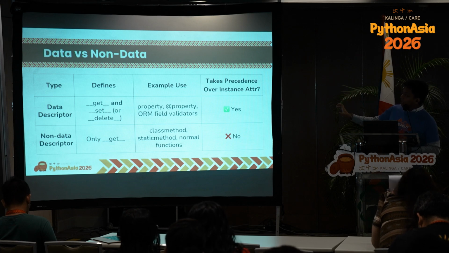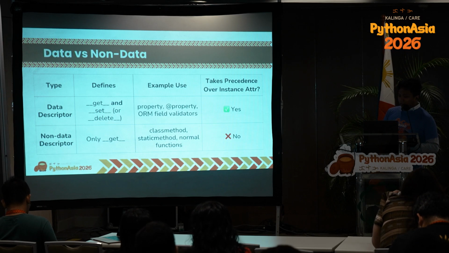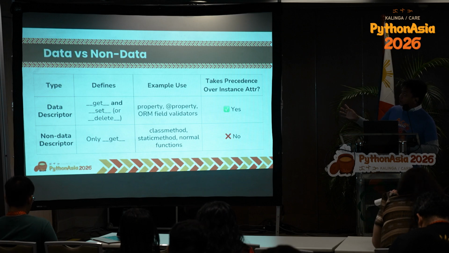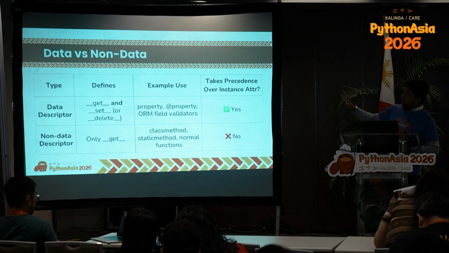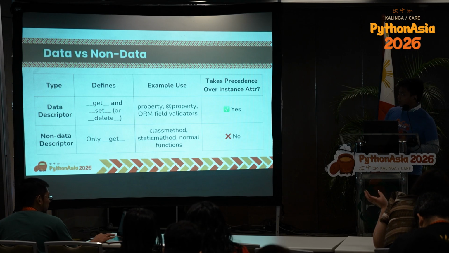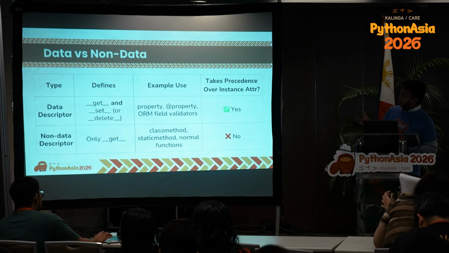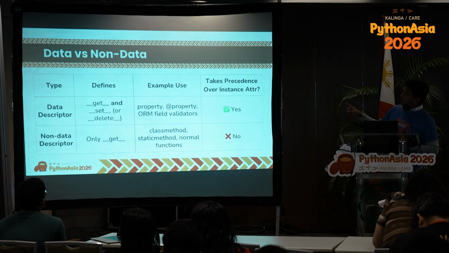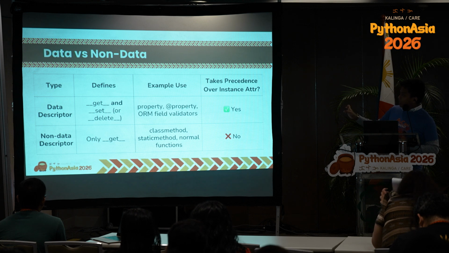But if it is a non-data descriptor, you can bypass those checks and go directly to the internal attributes. So that's two things you need to remember. If it's a data descriptor, it does a round trip first before you can access the attribute. If it's a non-data descriptor, you can access the attribute directly.